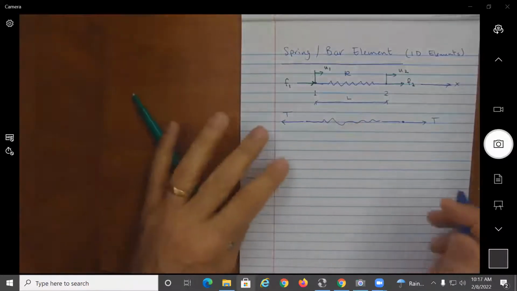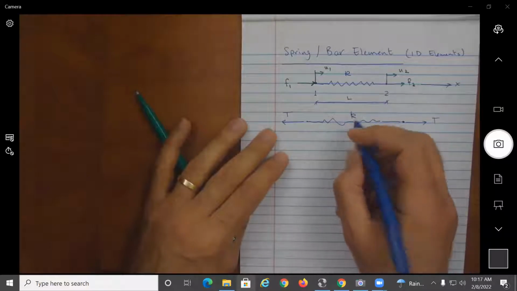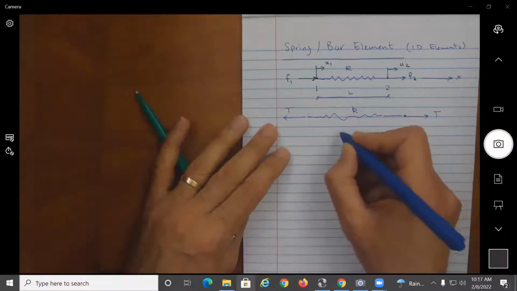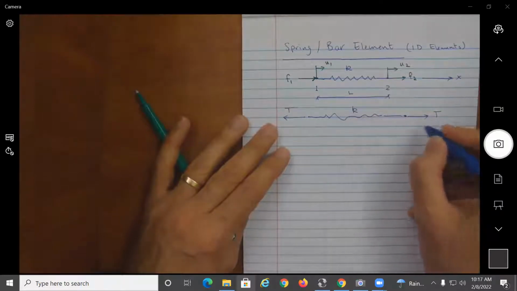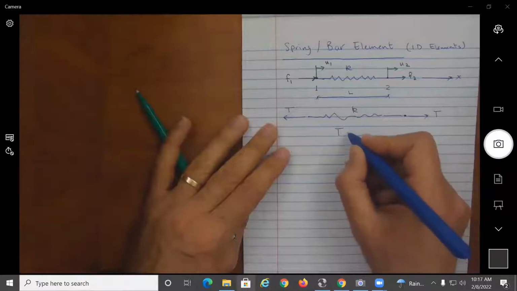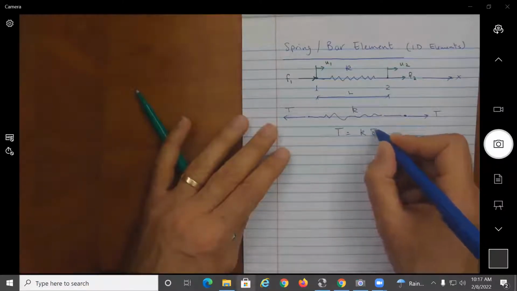So now when I put this very same spring under tension, I'm going to get a delta, and the relationship between the tension and the delta may be given by T equals K times delta.